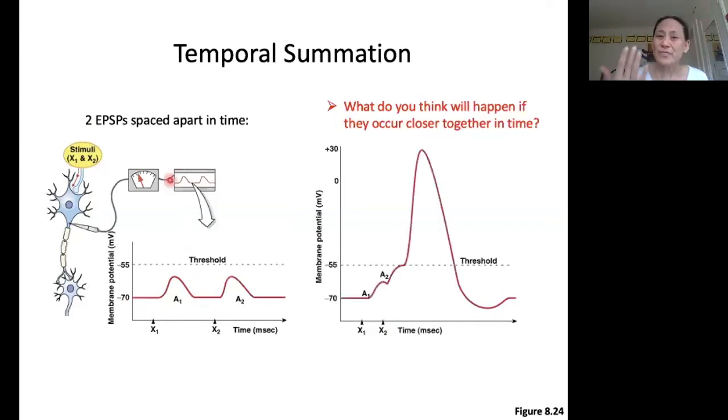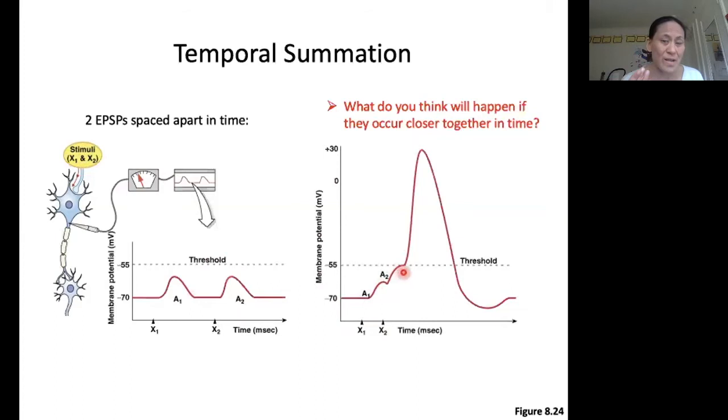Okay, so hopefully you figured out if you have your action potentials happening close enough in time in the presynaptic cell, that's going to lead to two ePSPs close together in time in the postsynaptic cell. And if they occur close enough in time, they will be able to sum. So that's what's happening here. They're summing, right?